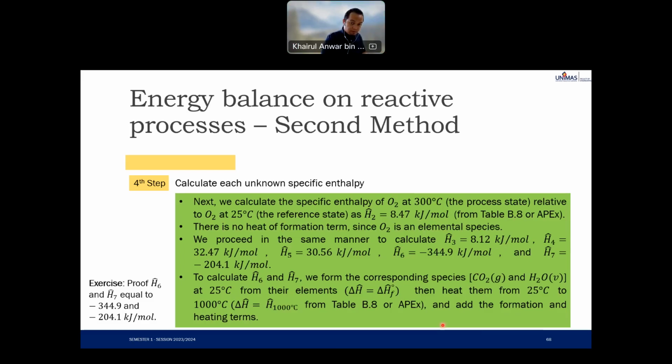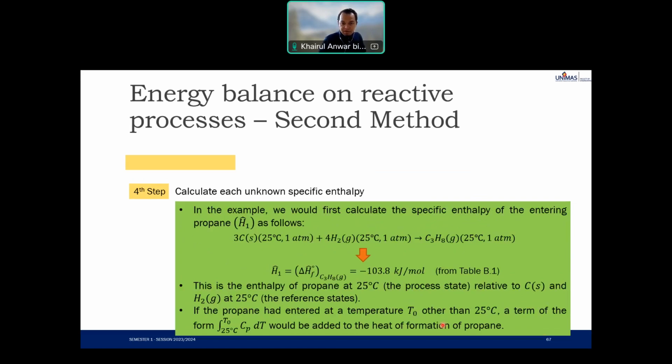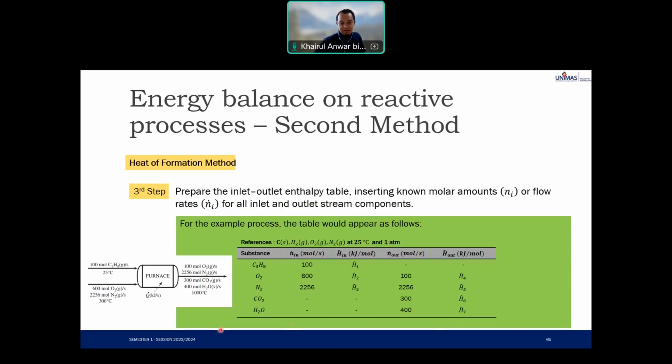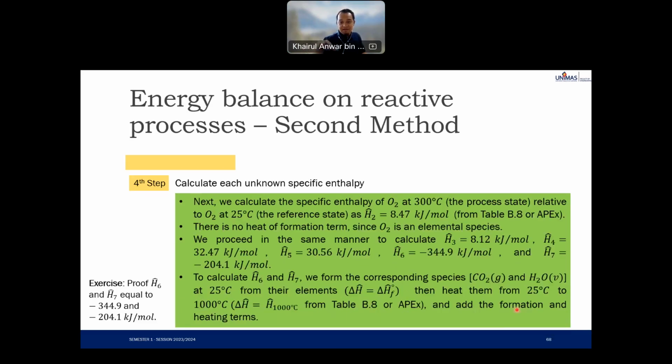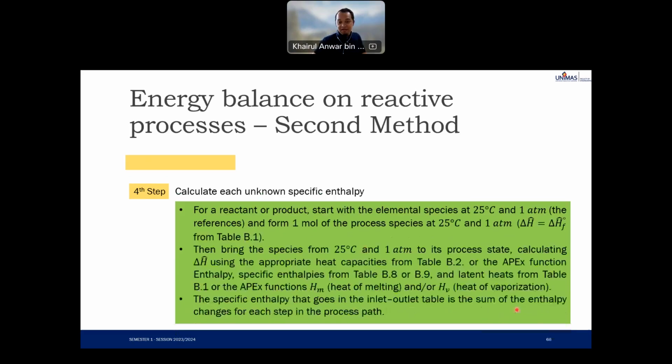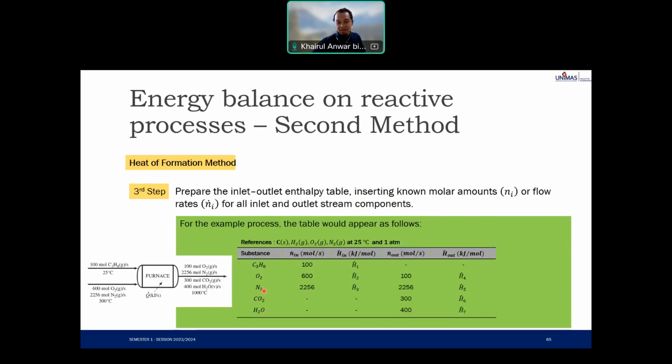CO2 formation. Do you know why it is heat of formation? Because we are talking about formation. You see CO2 here, it's C and O, meaning one C plus one oxygen equals CO2, forming CO2. That's why it's different. We cannot just choose table B8. It is different from oxygen and nitrogen, which are already the elemental species.